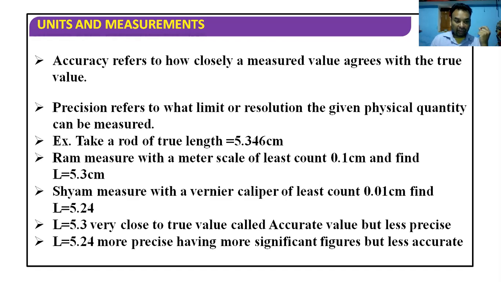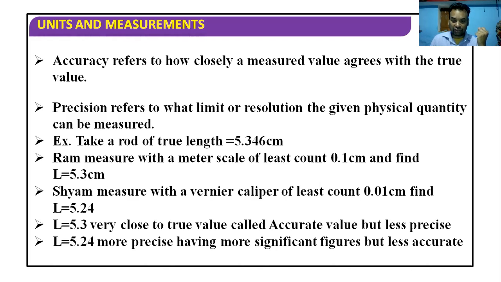Now it's the turn of Sham. Sham measures with a vernier caliper. I told you that a vernier caliper is also used to measure the length of an object. With the vernier caliper, whose least count is 0.01 centimeter, the minimum length which can be measured is 0.01 centimeter.